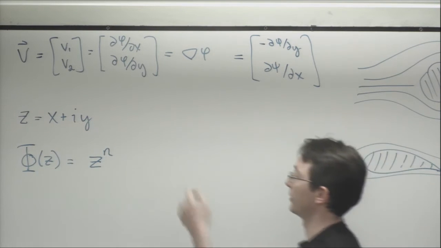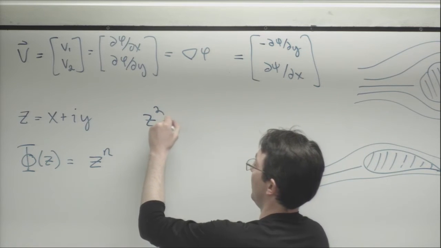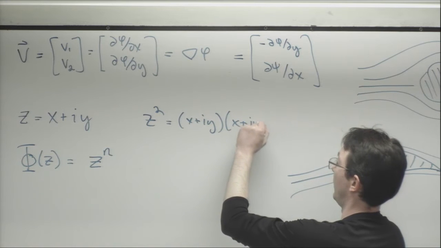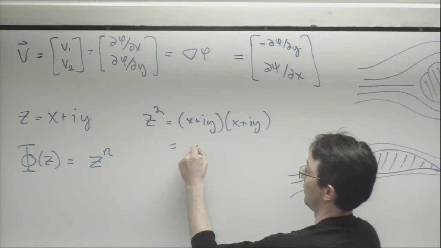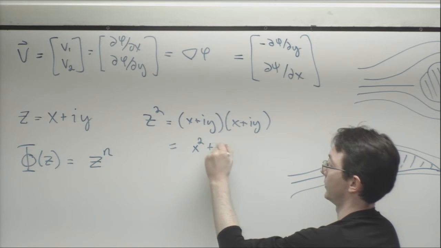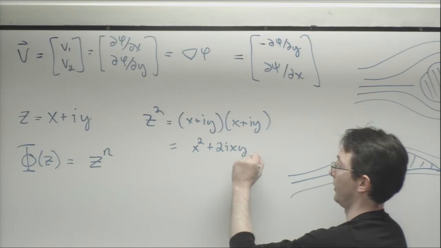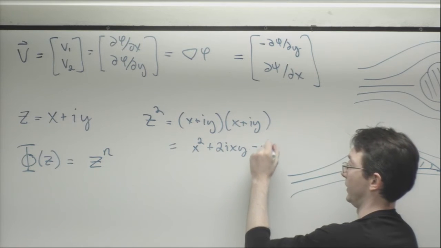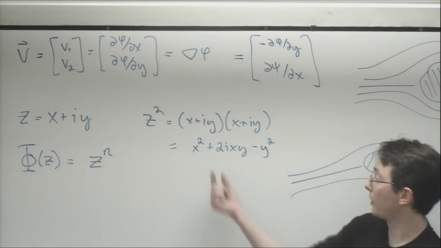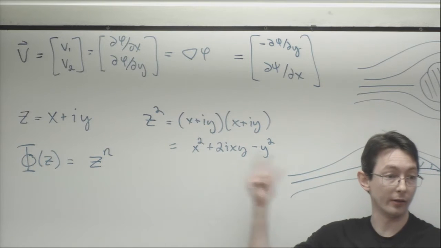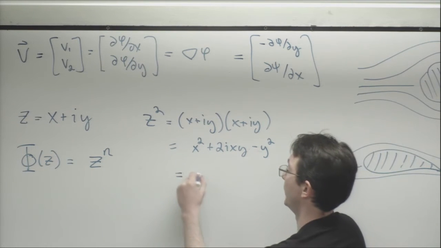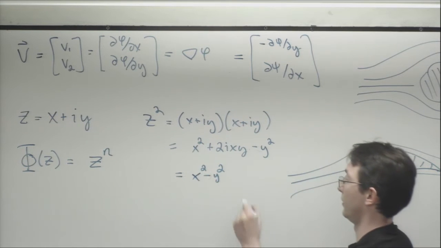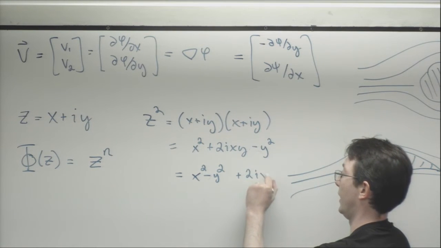If I wanted z squared, I would literally take (x plus iy) times (x plus iy), and I would get x squared plus 2i times xy plus i squared y squared, which is just minus y squared. And then I'd collect all of the real parts on one side and all of the imaginary parts on the other. So this is x squared minus y squared plus 2ixy.